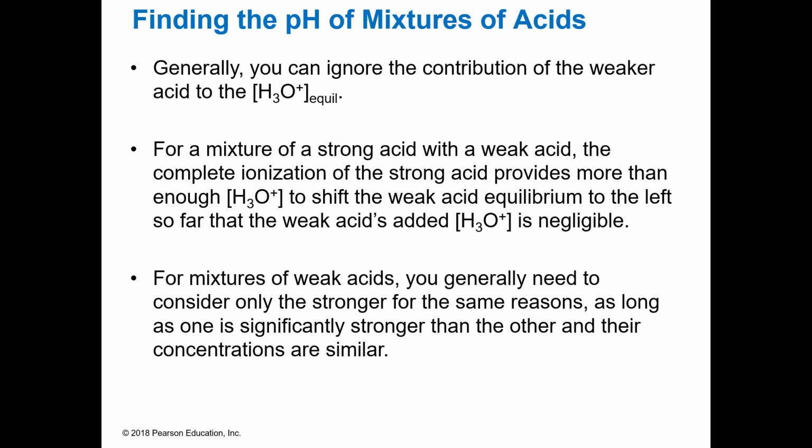We said you can usually just ignore the concentration of the H3O plus because it's just not enough to shift equilibrium or really impact it at all. But if you put some other type of weak acid with it, then it could have an effect.